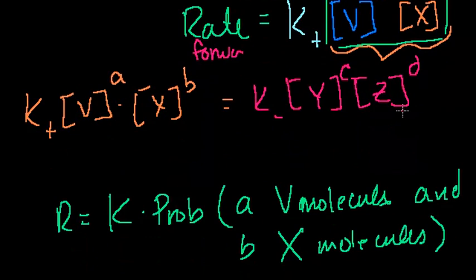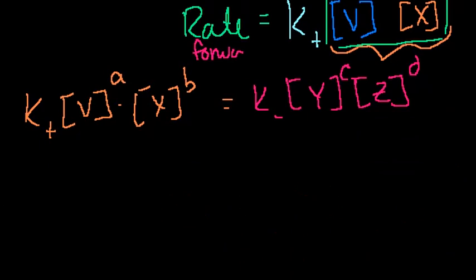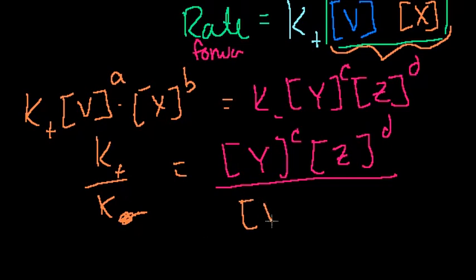Now if we divide both sides by K minus and both sides by this, you get K plus over K minus is equal to Y to the C times Z to the D, all of that over V to the A times the concentration of X to the B. Let me put this in magenta just so you know this was K minus right here.